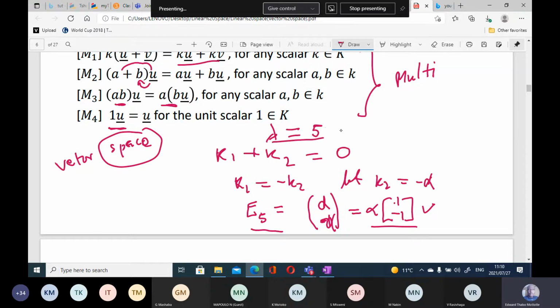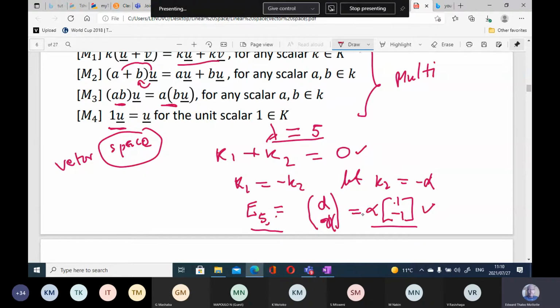When you substitute this eigenvalue back, we end up with K1 plus K2 equals 0, so K1 equals minus K2. If we let K2 equal minus alpha, then in this space E5, the eigenvalue space, we have 5 there. So it equals alpha, minus alpha.